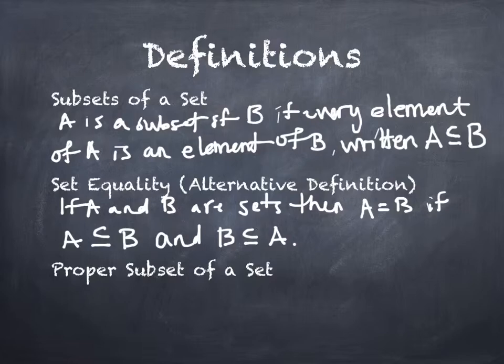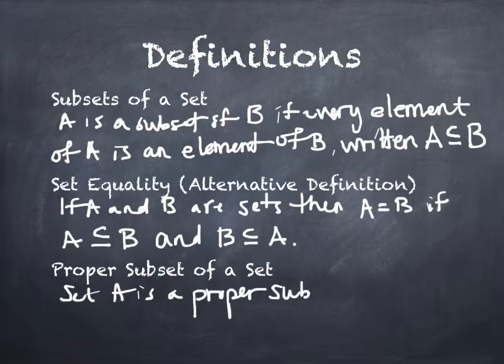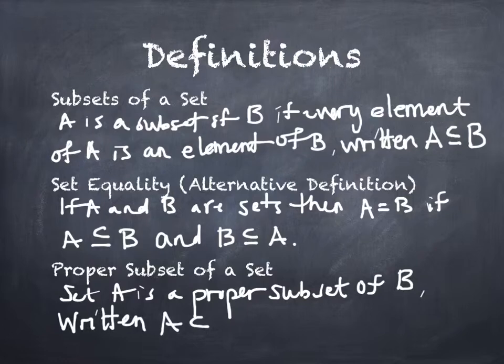Now, a proper subset has the same sort of feel to it as the subsets. So set A is a proper subset of B, and that is written like the subset notation, but you don't have the equal line on the bottom.